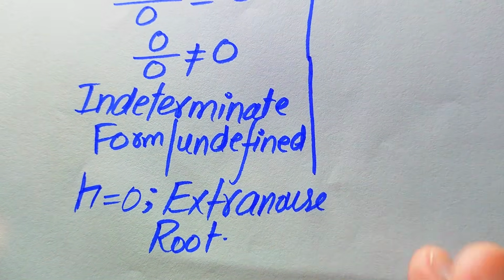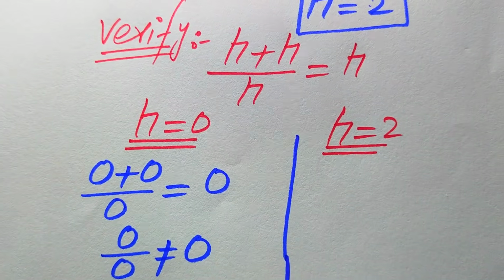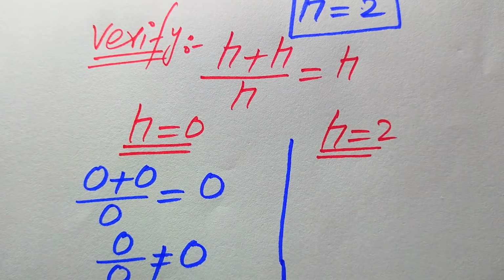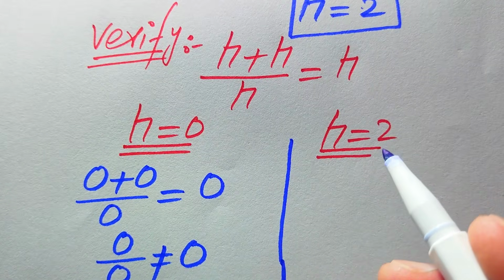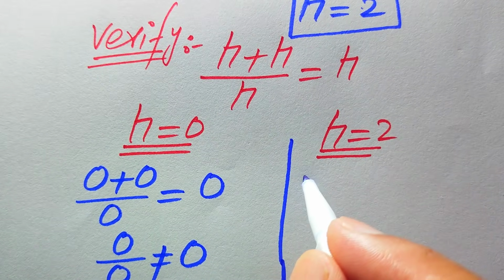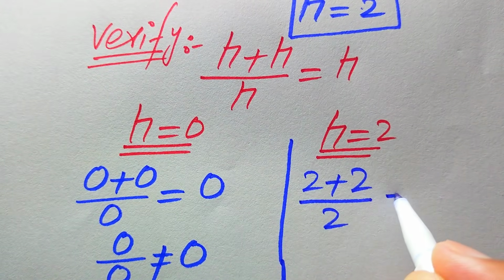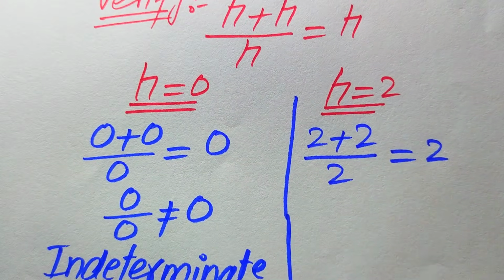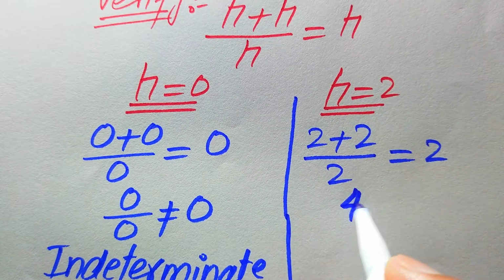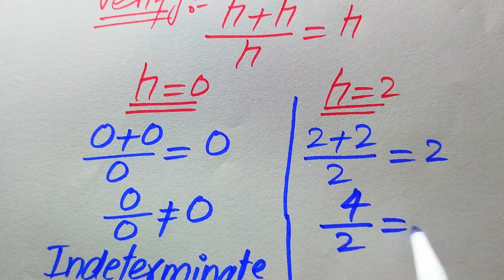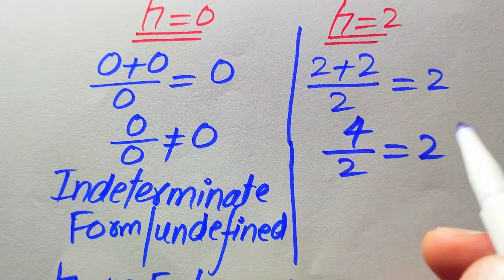And now in the same pattern we move towards our second root, and we put h is equals to 2 on both of the sides and check its behavior. It becomes 2 plus 2 divided by 2 is equals to 2. So we get 2 plus 2 becomes 4 divided by 2 is equals to 2.